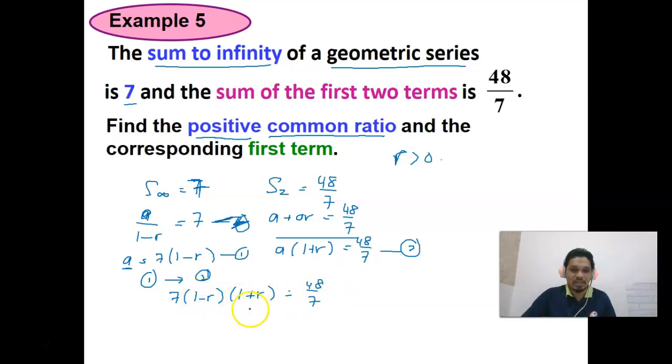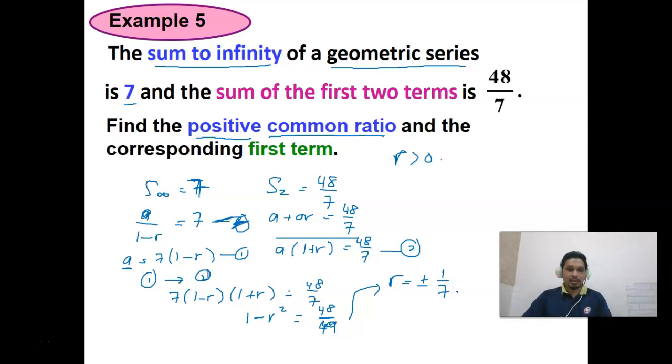Then expand this, it gives you 1 minus R squared equal to 48 over 49. Then try to simplify this, it gives you R equal to plus minus 1 over 7.